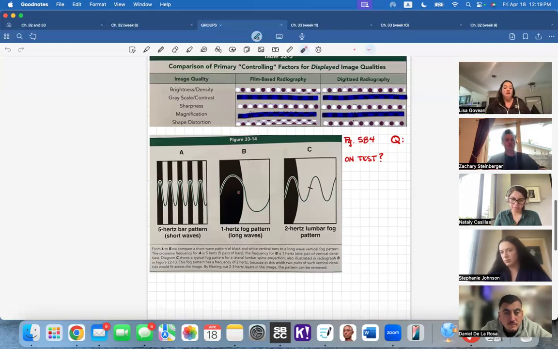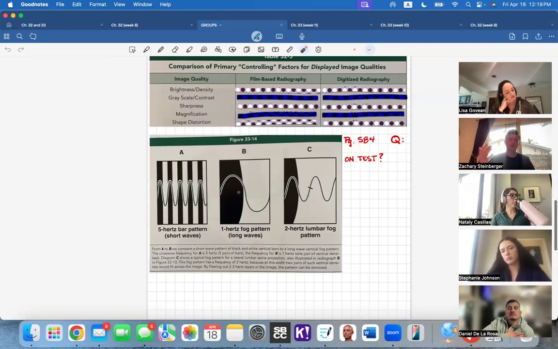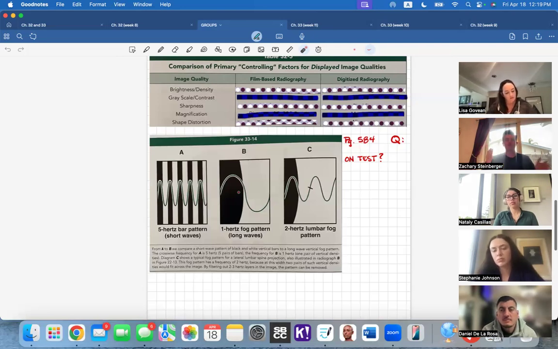I think it depends on DR or CR. You have pre-fogging for CR, but like Professor Steele talked about, for DR it only accepts radiation when it's engaged. For CR, because the phosphor plate is always able to be exposed, even if it's sitting in the back, you're still going to have light and possible scatter hitting that.